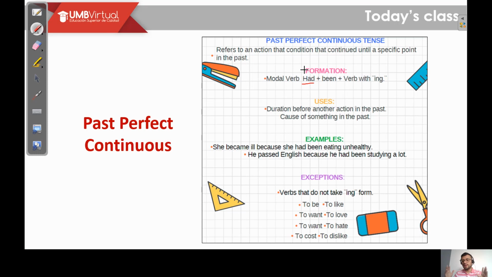Okay, estos continuos significan que estuvieron siendo desarrollados por algún momento en el pasado, ¿sí? No necesariamente que haya sido largo, puede ser corto o puede ser un periodo largo, pero estuvo en desarrollo durante cierto término en el pasado. Verbos que no vamos a usar en ing, estos que están acá, ¿sí?